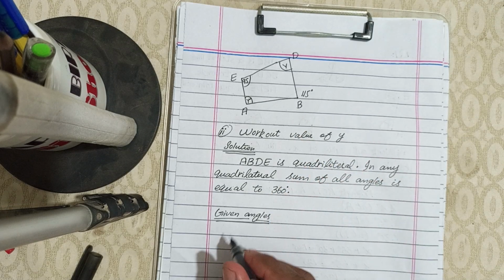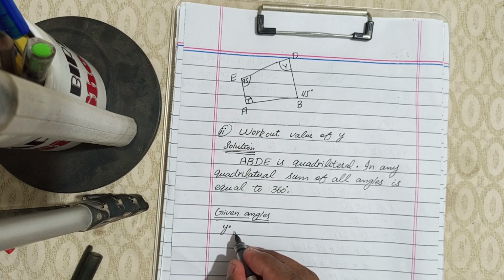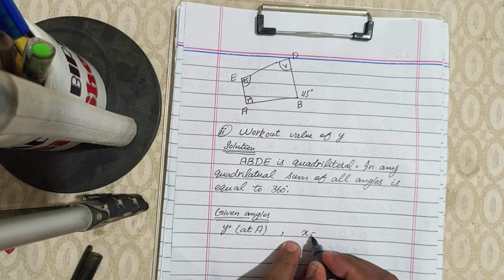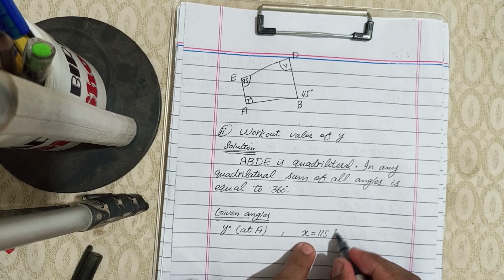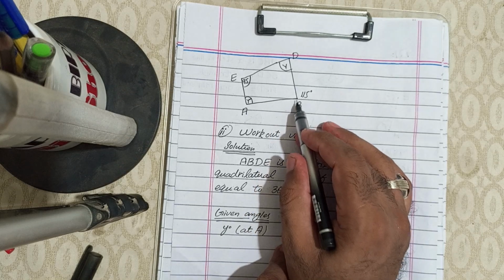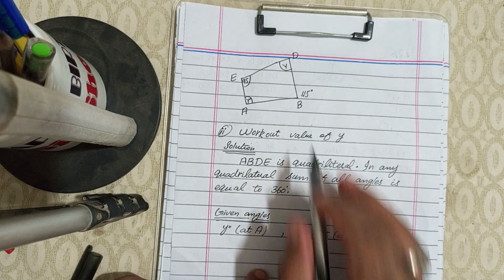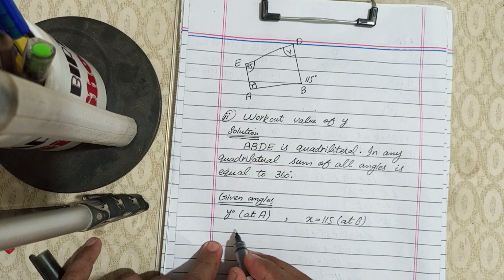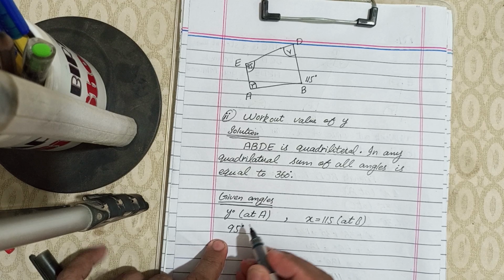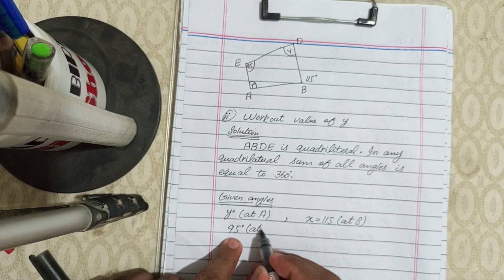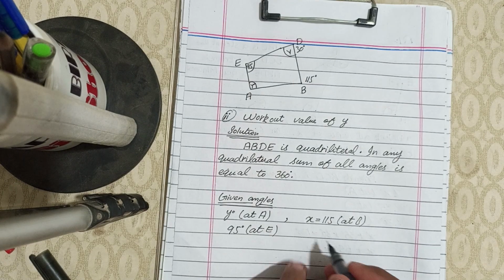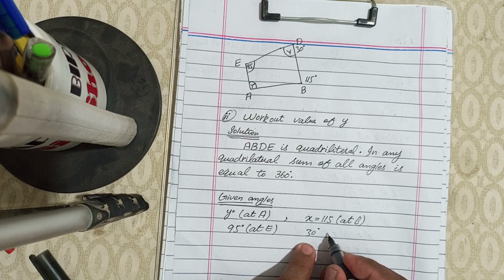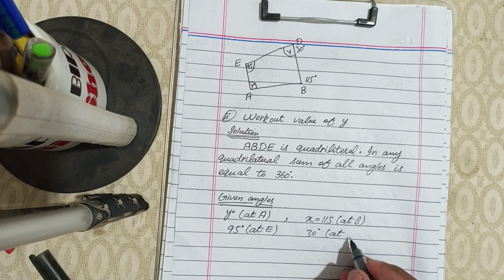So given angles y, we calculate y at A and x equal to 115 at B. We already calculated angle x at B, 95 at E, and 30 degrees at D.